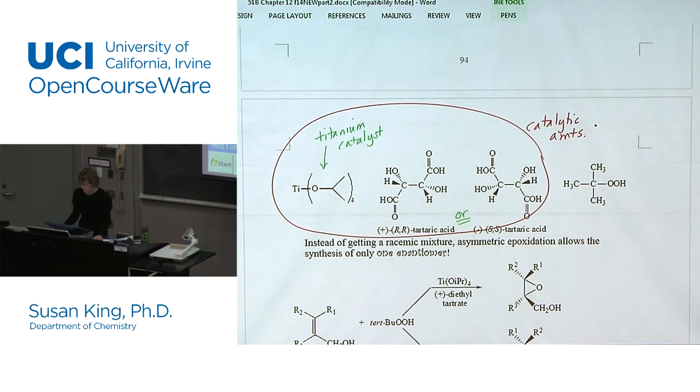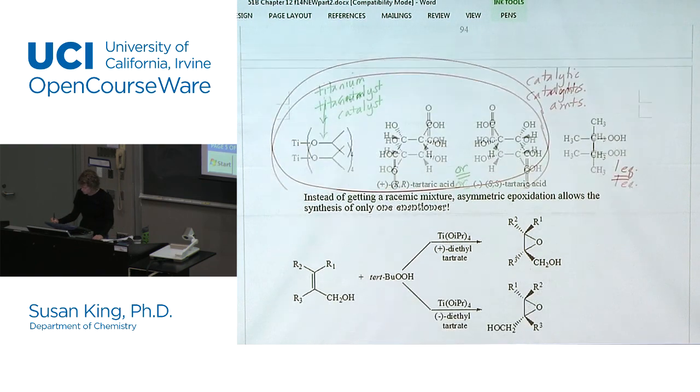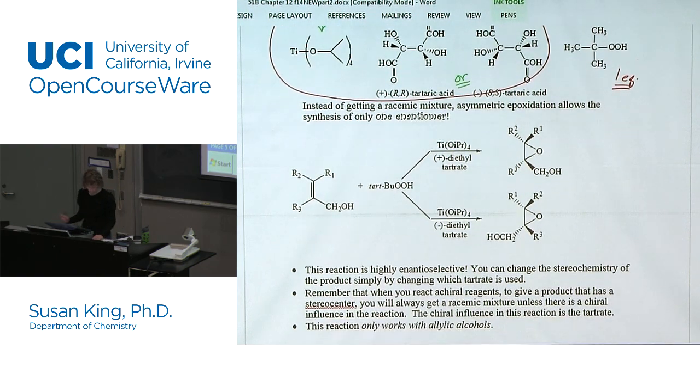What happens is that these reagents assemble themselves into a chiral catalyst that, the way to think about it, is going to act like an enzyme. Because it's chiral, it's going to react to give only one of the products. This is tert-butyl hydroperoxide. This is one equivalent. So these are catalysts, and then we only have one equivalent of that. And so instead of getting a racemic mixture, you can get a single enantiomer.